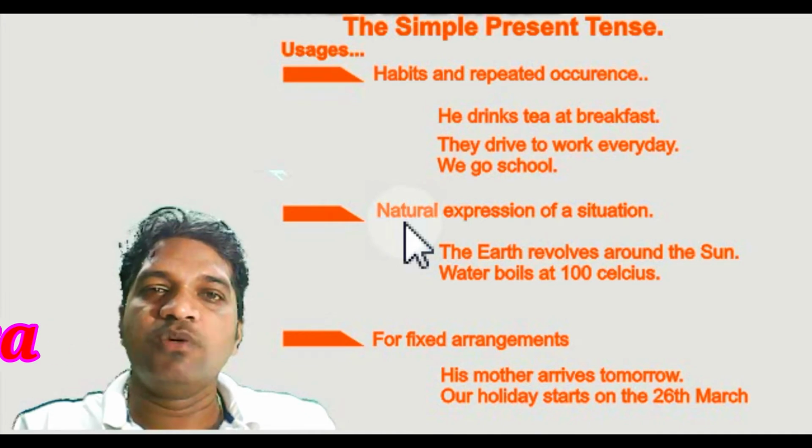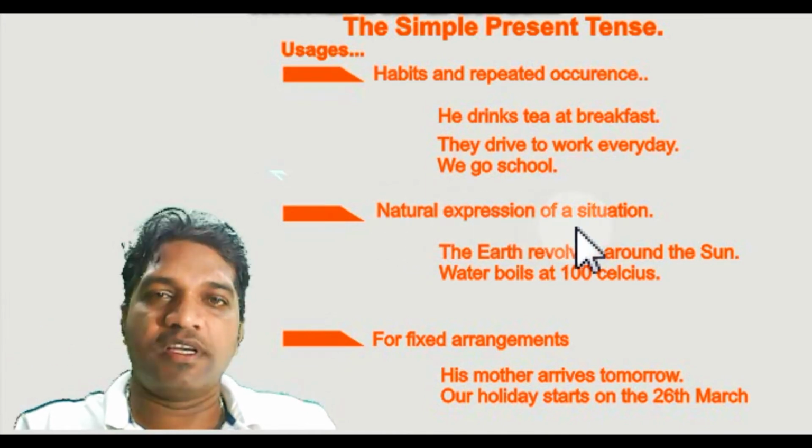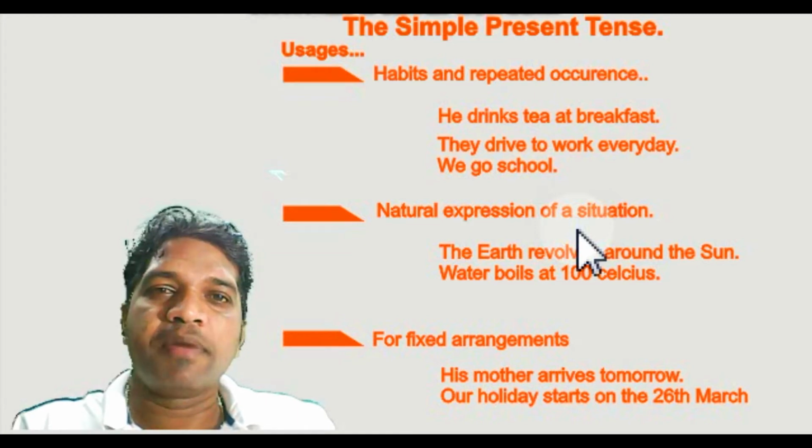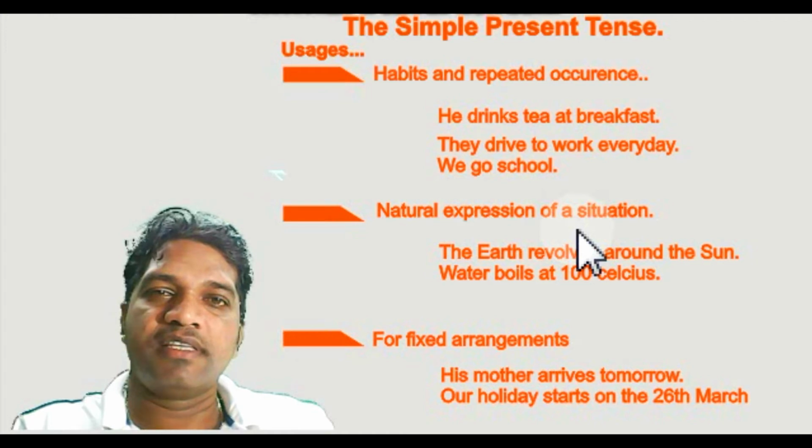The second usage is natural expressions of a situation. If we want to tell about natural things, the things that automatically happen in the environment, we use the simple present tense.